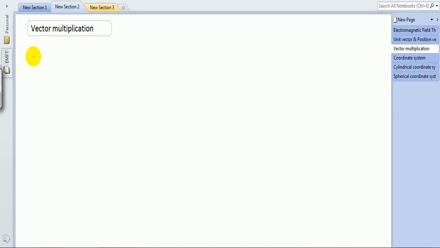The first one is the scalar product, also called the dot product.